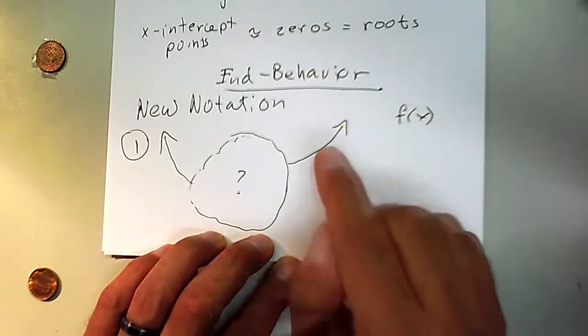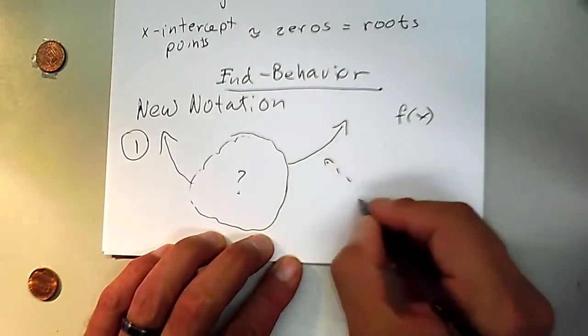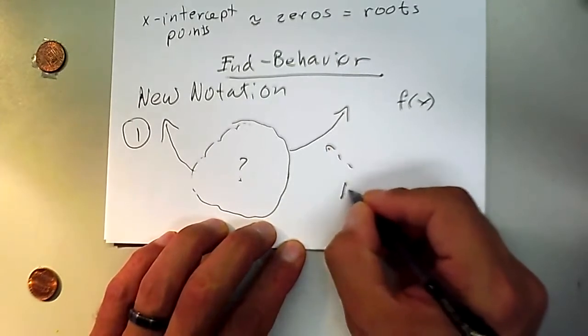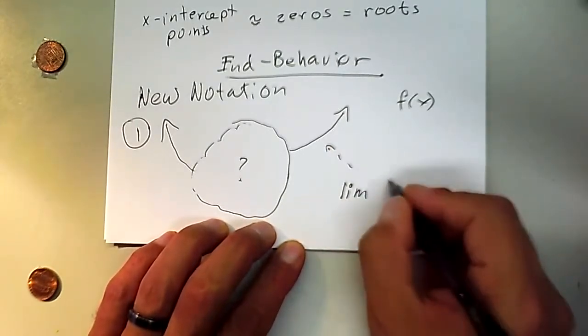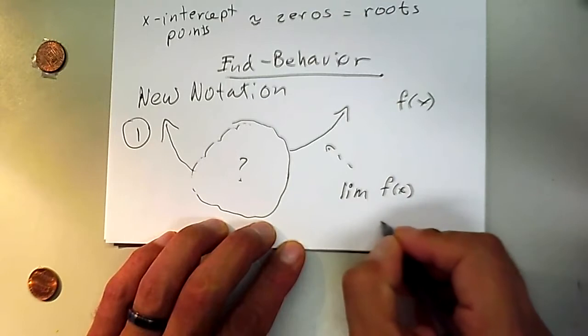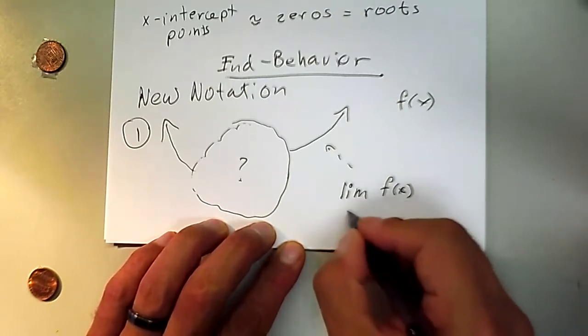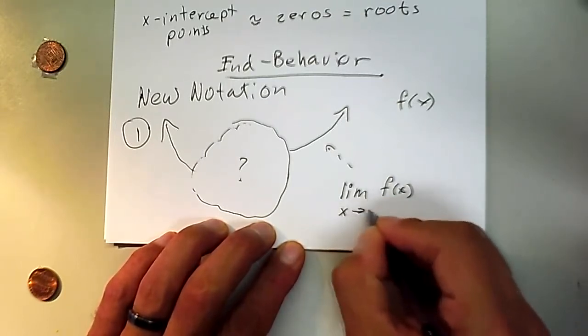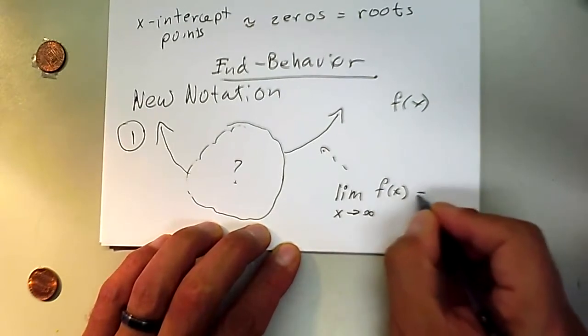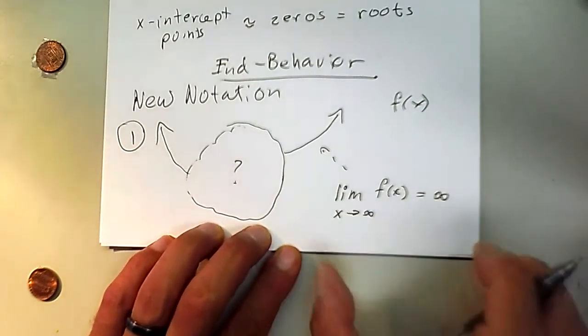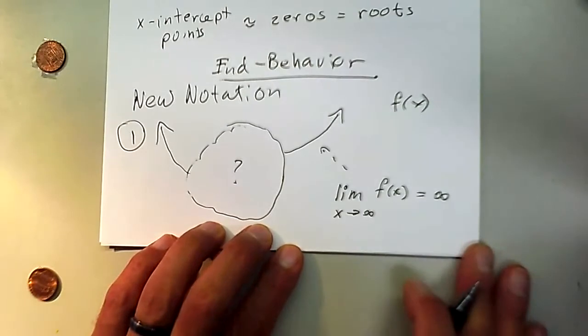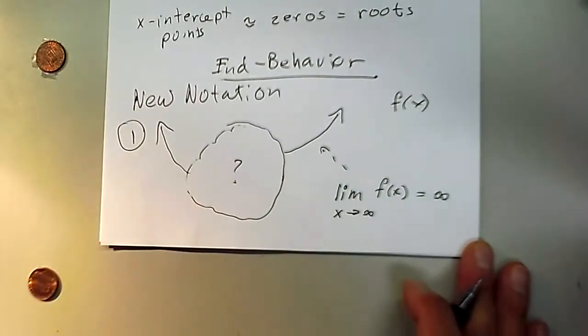And the way we describe this behavior is by writing down limit f of x, as x goes to infinity equals infinity. I know this is a little confusing because it is completely new.